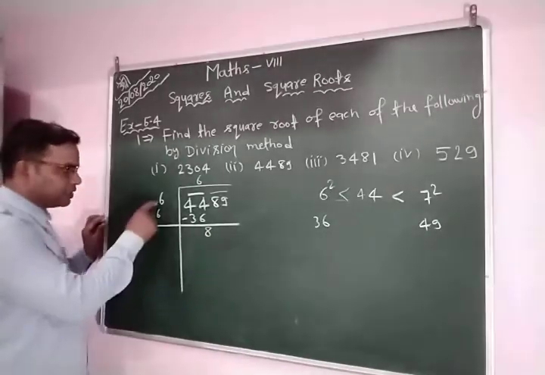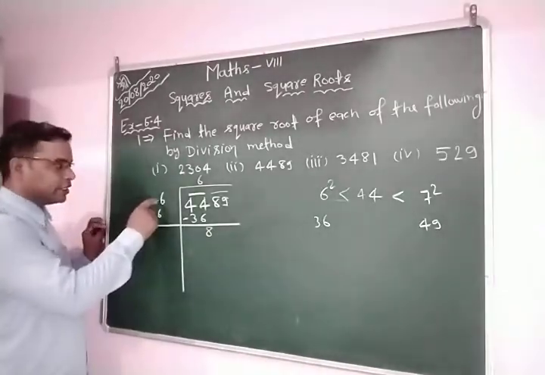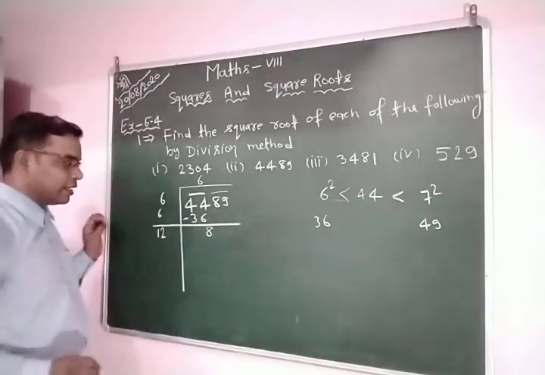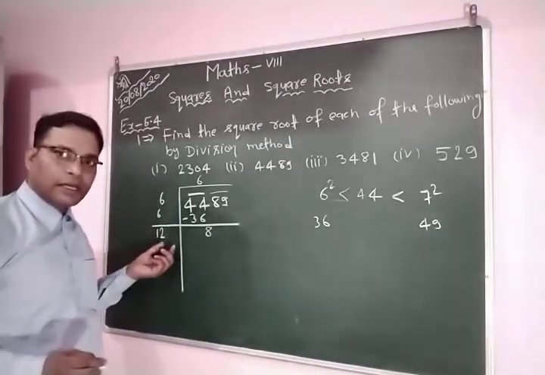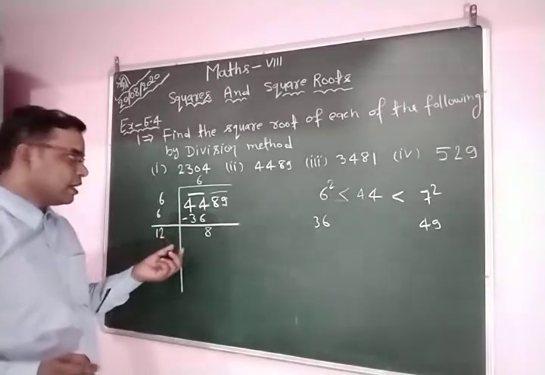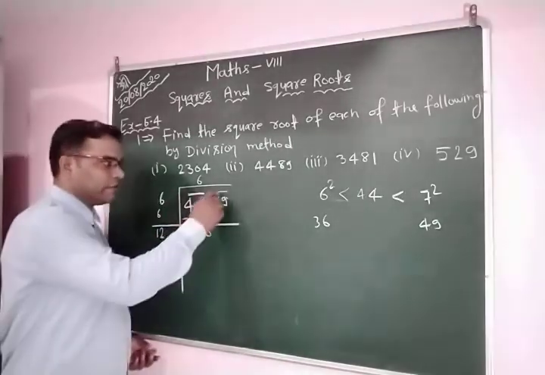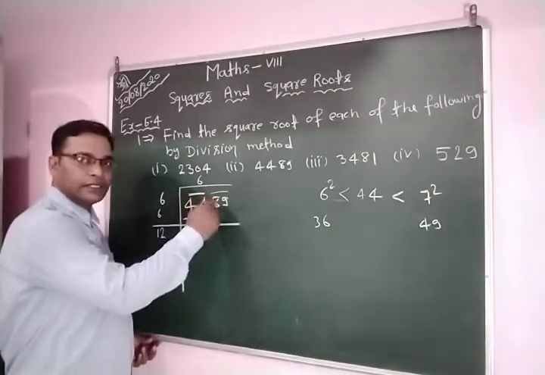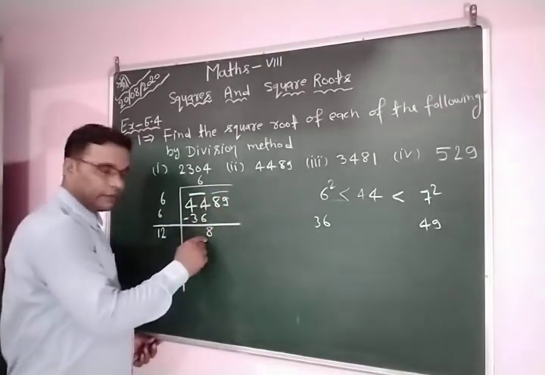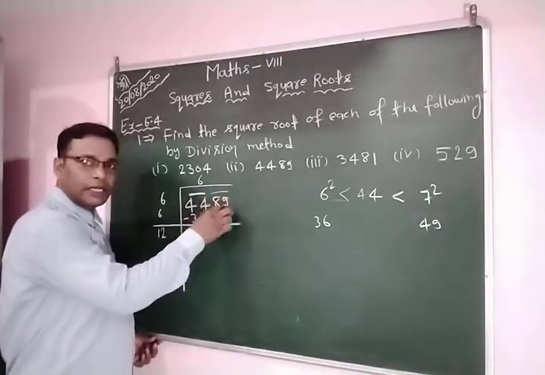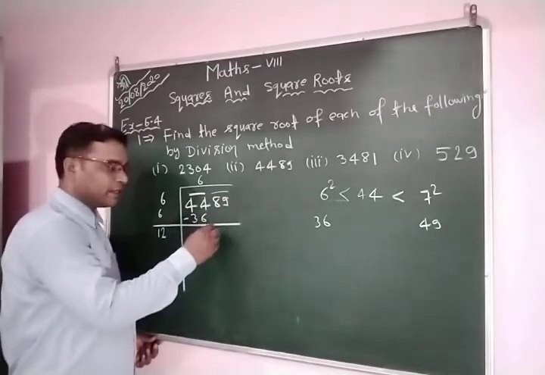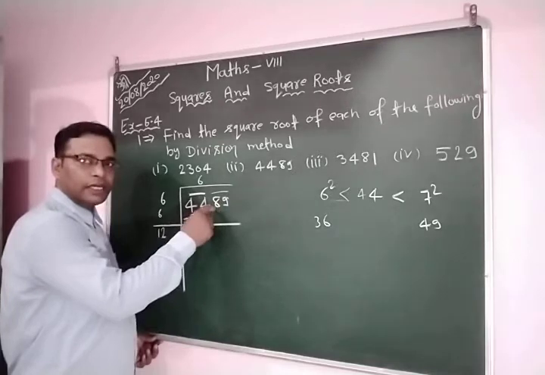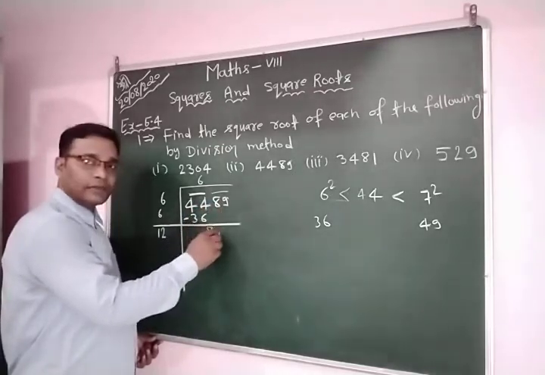Now we add this 6 to this 6. 6 plus 6 is 12. We write here 12 and leave a blank on the right. Okay, and now we bring down this pair, 89, to the right side of the remainder.